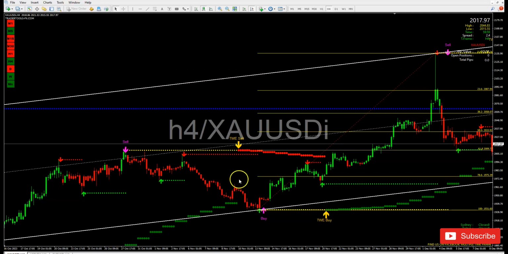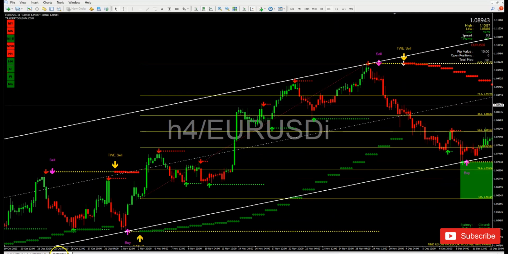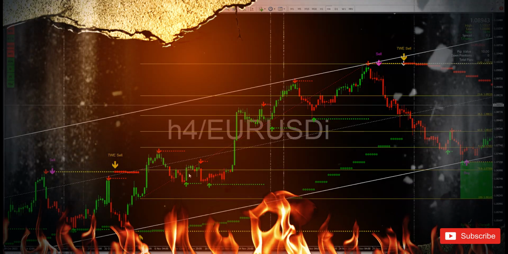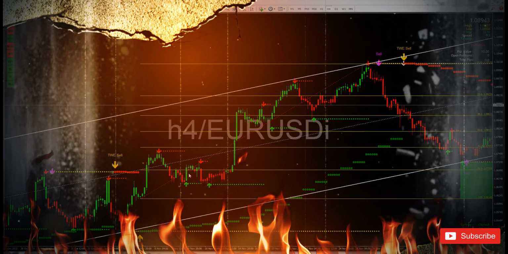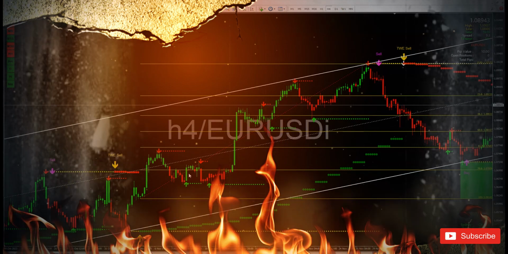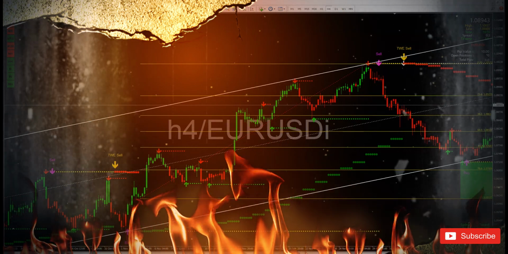All right, so the very first pair that I'm going to give you today, and it's going to blow your mind, is going to be Euro USD. Boom, guys, this is the way we're going to do it. Pay close attention, because a lot of people will charge you hundreds and hundreds of dollars for what I'm giving you here, but this is how we do it here.